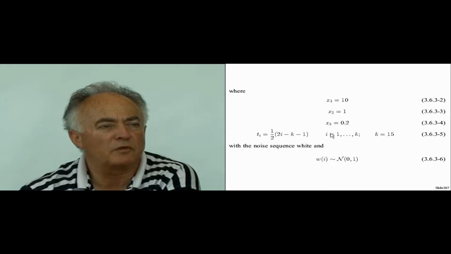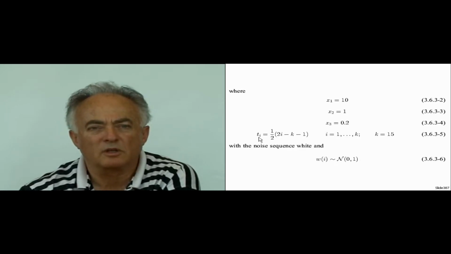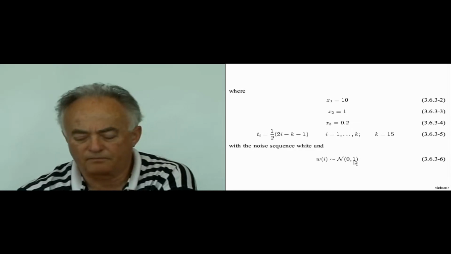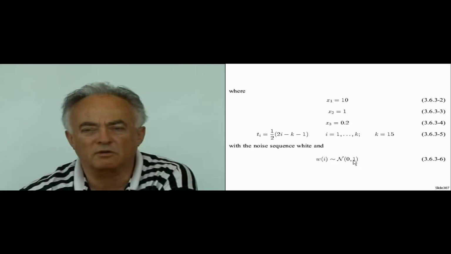We have 15 time samples. They are centered at 0, so this expression gives us the values of the times at which the samples are taken. And the noise sequence is white, zero mean, and unity variance. So these are the measurement noises, the disturbances in our observation.